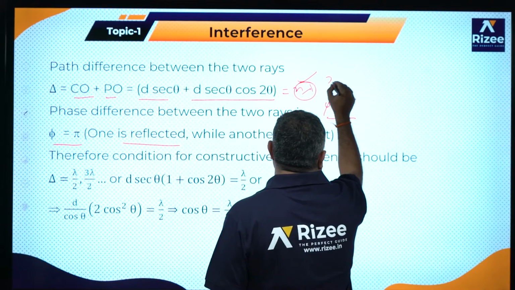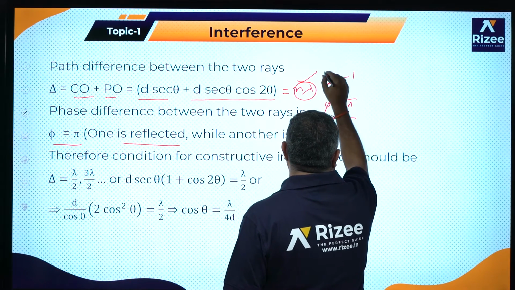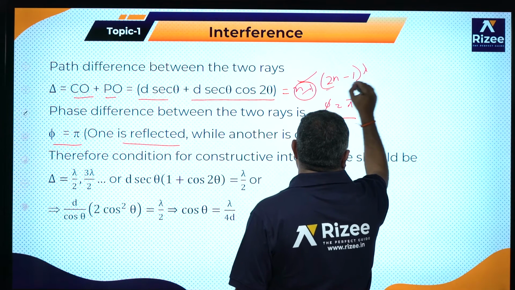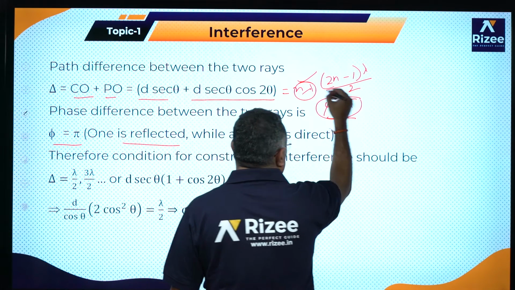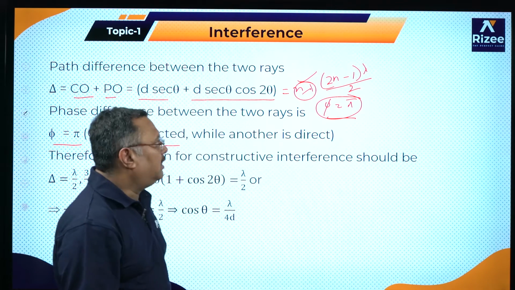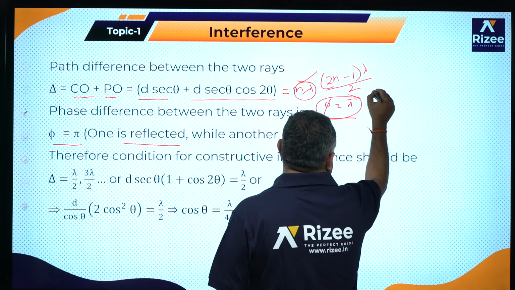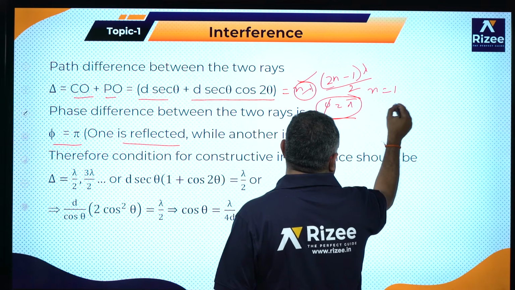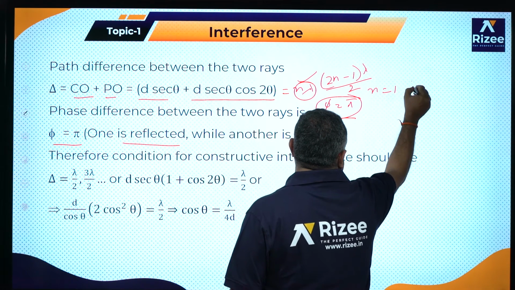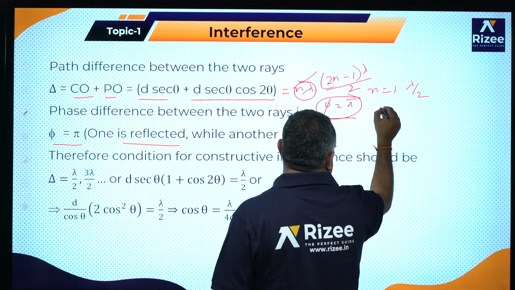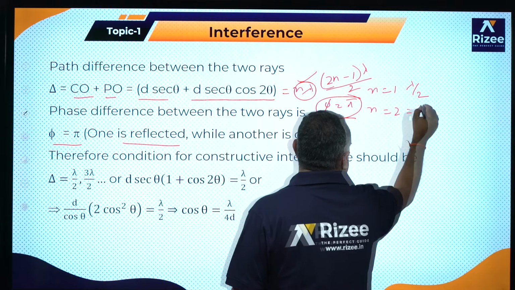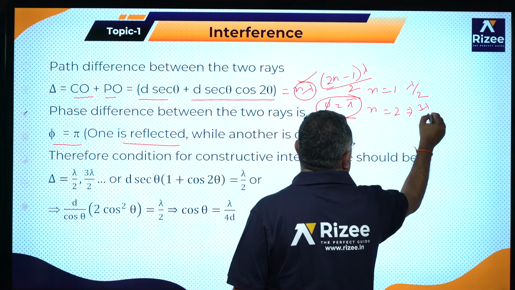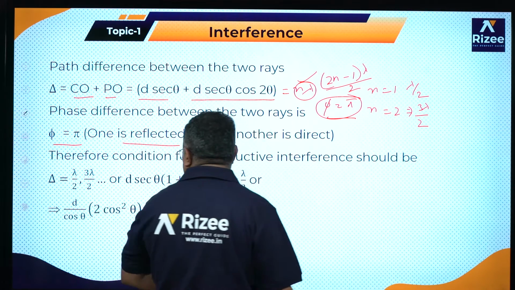So it should be 2n minus 1 into lambda by 2, due to this extra phase difference of pi. Now you can take n as 1. For n equal to 1, it will be lambda by 2. For n equal to 2, it will be 3 lambda by 2. So lambda by 2, 3 lambda by 2.